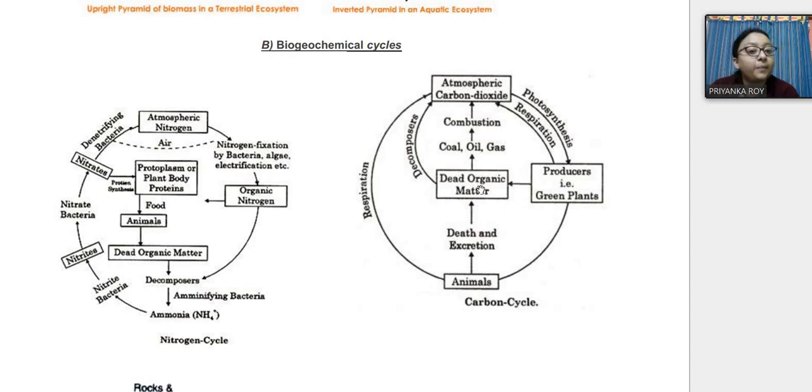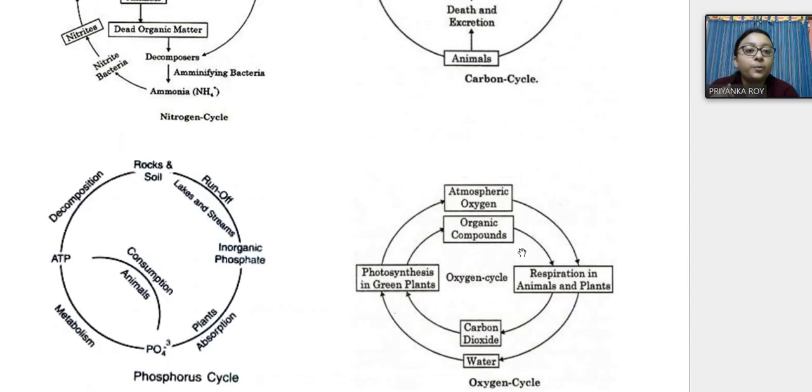Or the dead and decaying matter can be decomposed by the decomposers, and from here also we get CO2. Or whatever food the green plants produce can go into animals. The animals feed on them, and after their death, again the dead and decaying organic matter goes to decomposers. And all these plants and animals, through respiration, are releasing carbon dioxide into the atmosphere. So this is the carbon cycle.